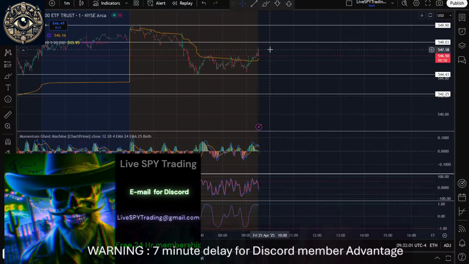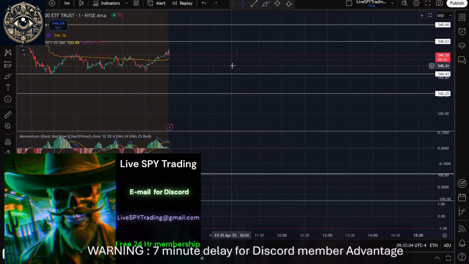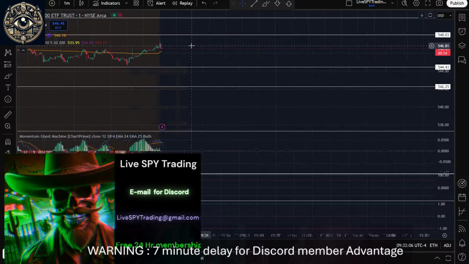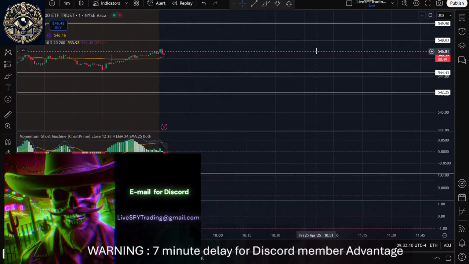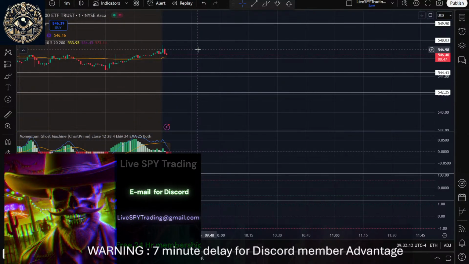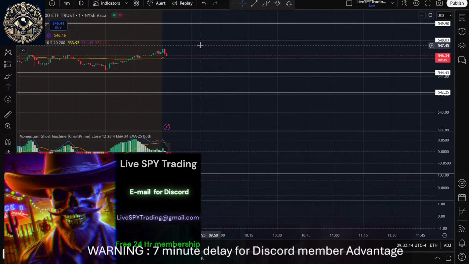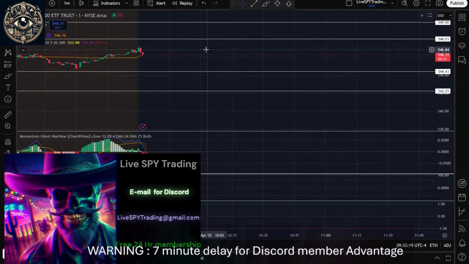Yeah, so now we're right at VWAP. Let's see how we react to VWAP. We're going to use VWAP today, not the whole day, but when necessary. We're going to try to implement it since the moving averages are kind of far.